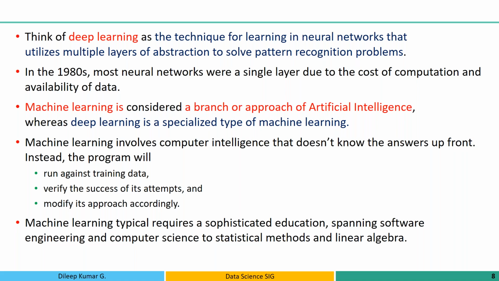You need to verify the success of your model, and if it is proving good, then you can stick with that model, or else you need to change the parameters or change the algorithm so that you have a good model. Machine learning is on a trial and error basis. You need to try changing the parameters, and if you get good accuracy, then you can stick with that. Otherwise, you need to modify your approach.